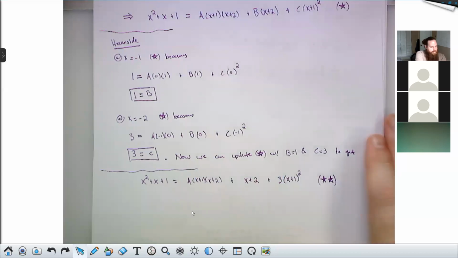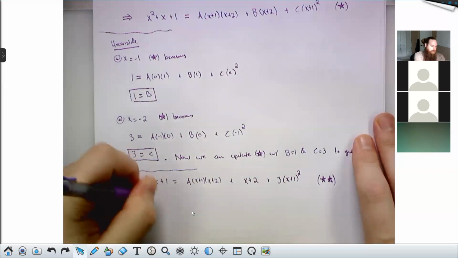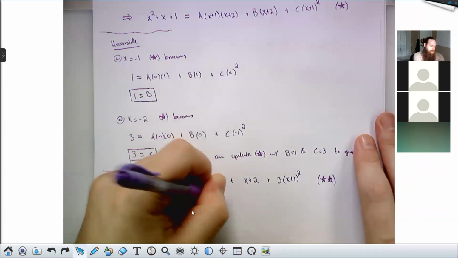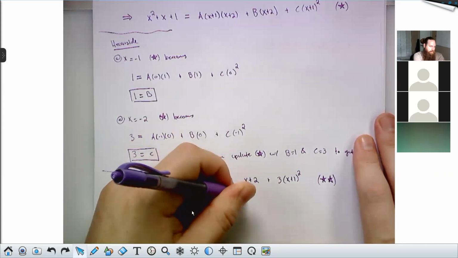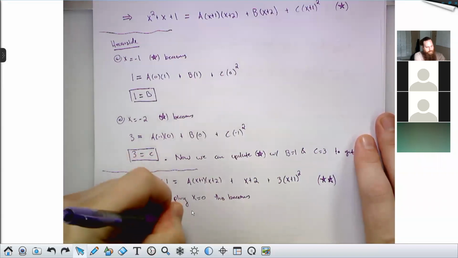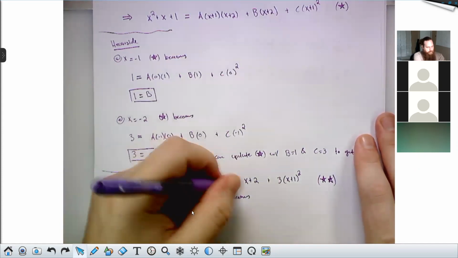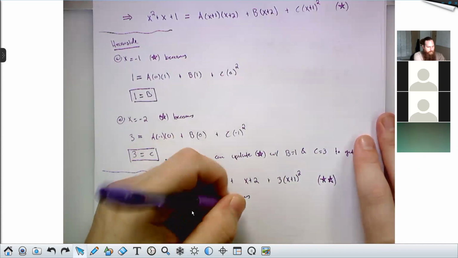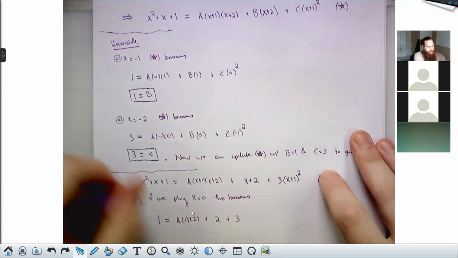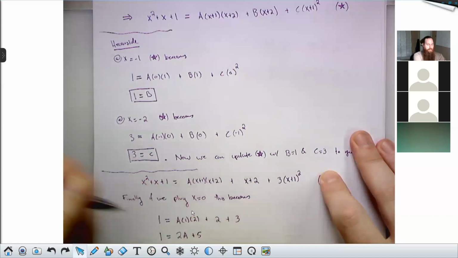So if I plug in 0, the left-hand side is 1. The right-hand side is a times 1 times 2 plus 0 plus 2 is 2, plus 0 plus 1 is 1 squared, which is 1, times 3 is 3.